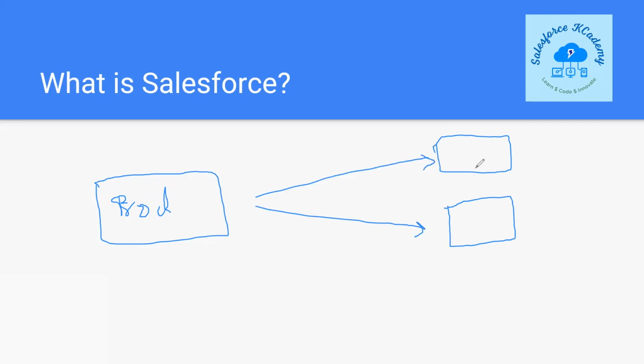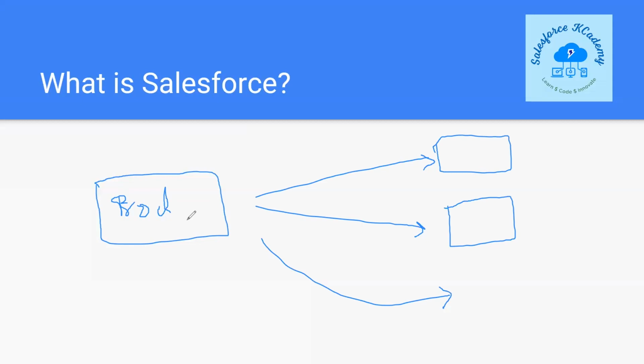Now, to maintain these customers' data, to sell more products to these customers, and to attract other customers to your business products, we need a tool, we need a software. Actually, that software is Salesforce. Once again, Salesforce is a tool which helps us to build the customer relationship with the customers of our company.